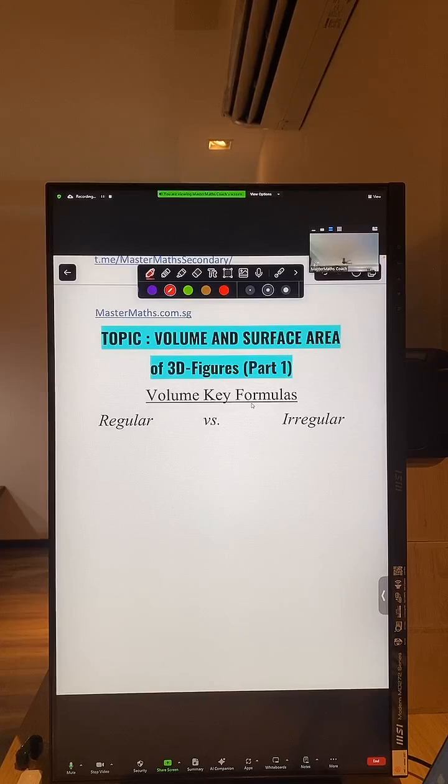Usually this would be under the topic of mensuration. So surface area and volume, some textbooks they call it mensuration. Okay, let's go through some of the formulas here.